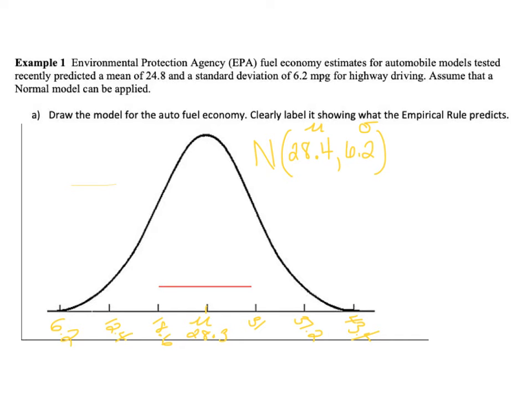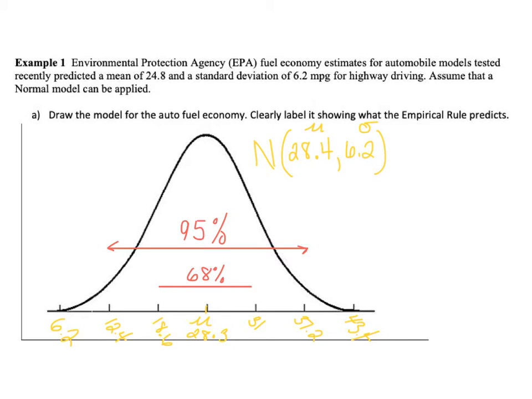So 1 standard deviation on either side of the mean contains 68% of all the automobiles tested. 2 standard deviations on either side of the mean would contain 95%.